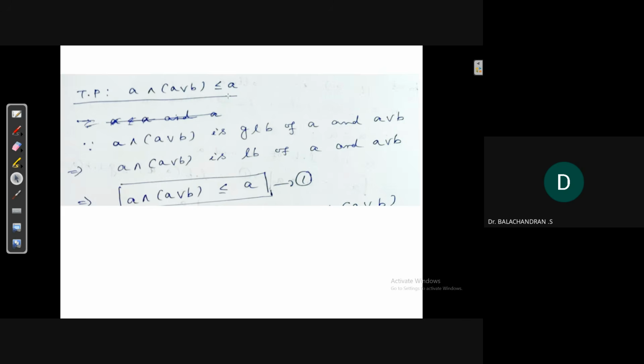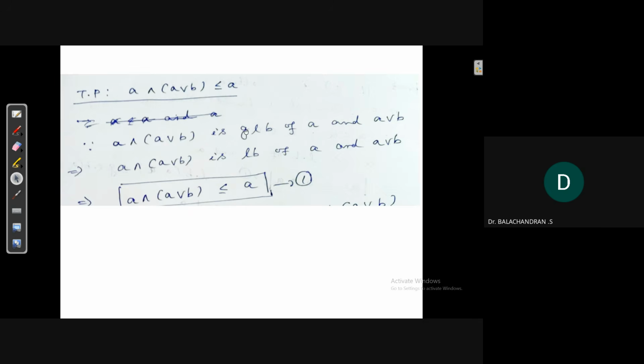Consider the and symbol. It represents the greatest lower bound. So this is the greatest lower bound of A and (A or B). From here to here I am just removing the G, and everything else remains the same. Since it is a greatest lower bound, it should be a lower bound.